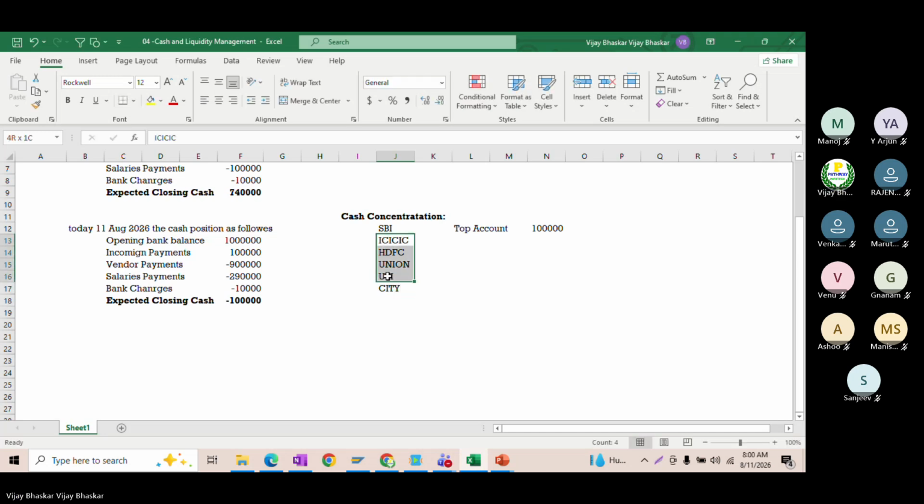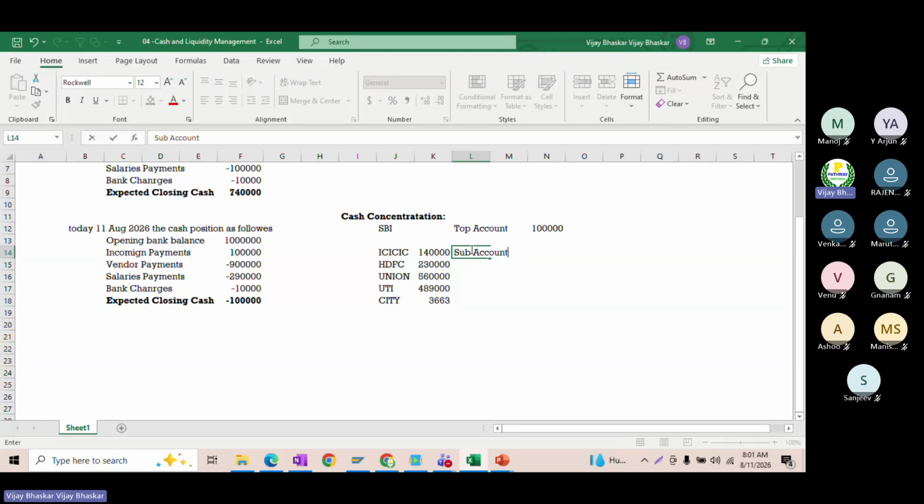But the management's main intention is that whatever balance is lying in all these bank accounts, this is the top account and these are all the sub accounts.